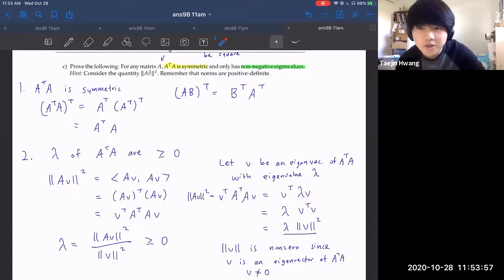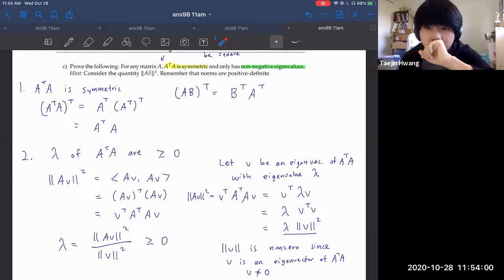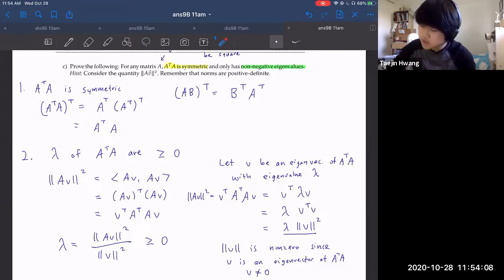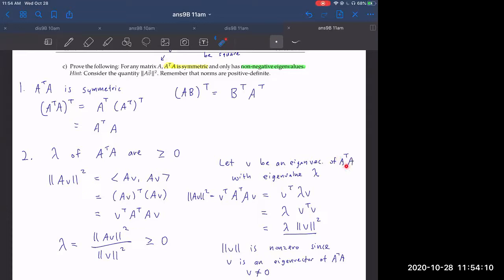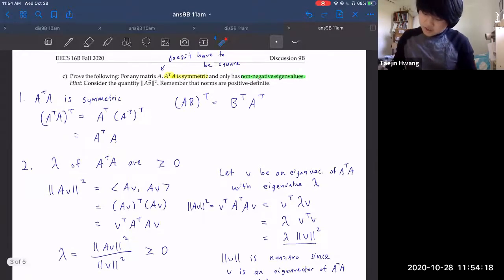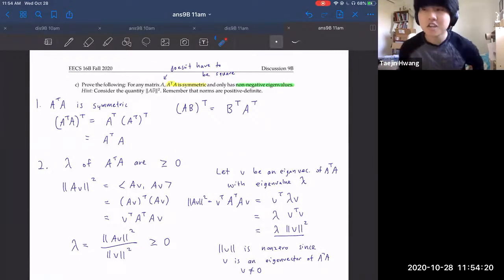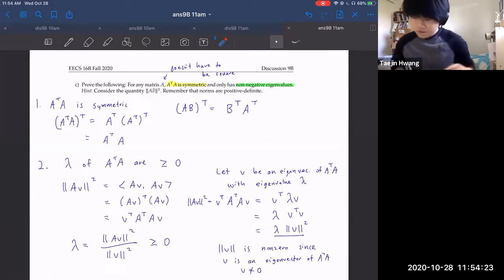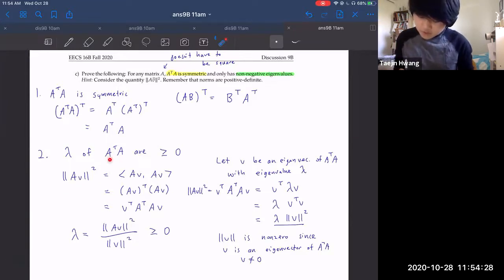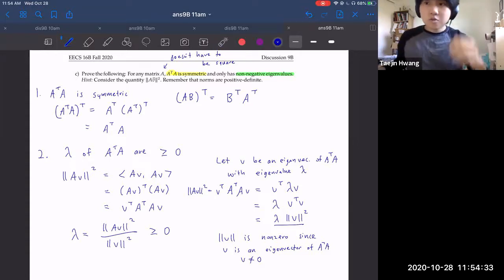Is that what you were asking about, or are you asking about something else? Oh yeah, I was just confused where the A transpose went. Where the A transpose went? Oh, so V is an eigenvector of A transpose A. Oh, okay. Yeah, not A. I think I said A at the beginning, and then I corrected myself. But remember that A doesn't have to be square, and if A is not a square matrix, it doesn't even have eigenvalues. Anyway, yeah, we're always talking about the eigenvalues of A transpose A. Okay, thank you. Yeah, no problem.